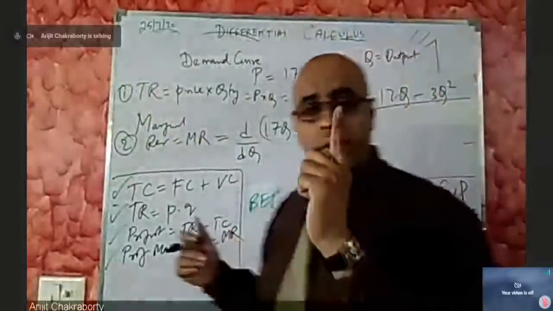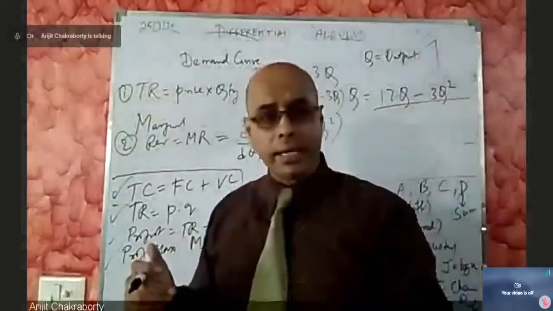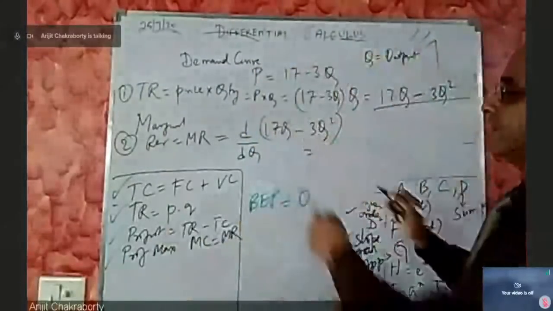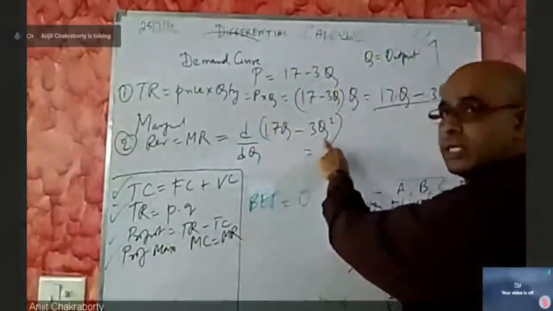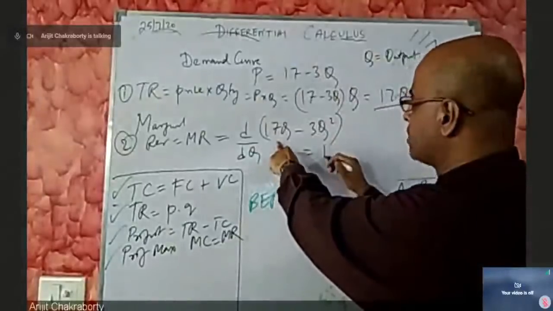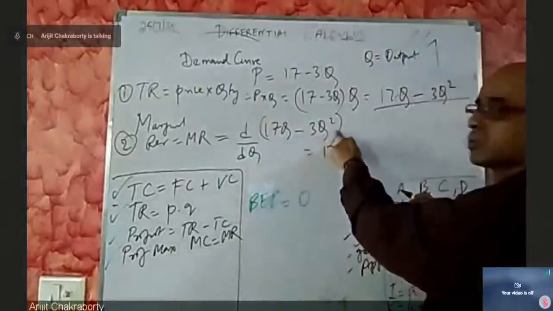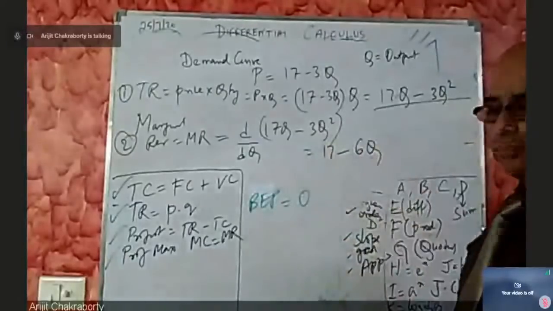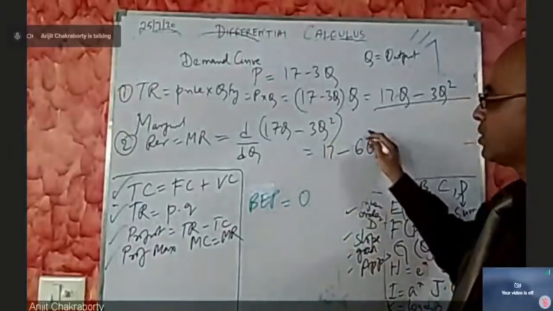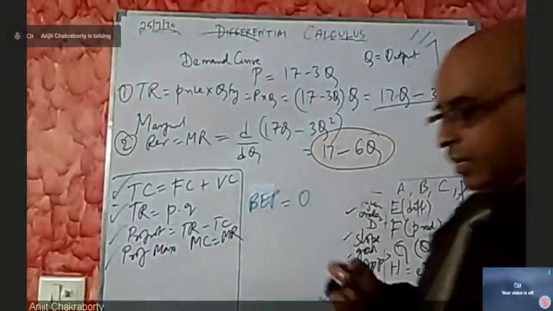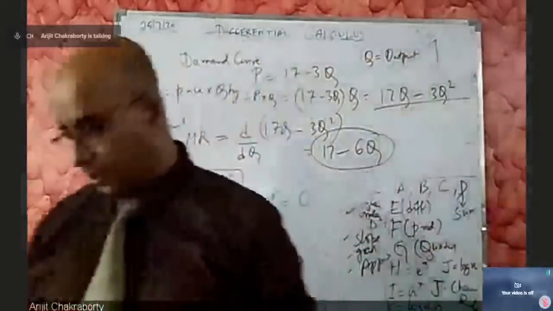Therefore we are applying the concept of derivative directly here. d/dQ of 17Q minus 3Q square: 17Q becomes 17, and 3Q square becomes 6Q. So the marginal revenue equation is given by 17 minus 6Q.